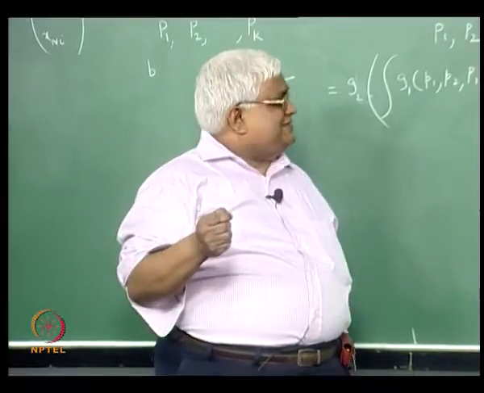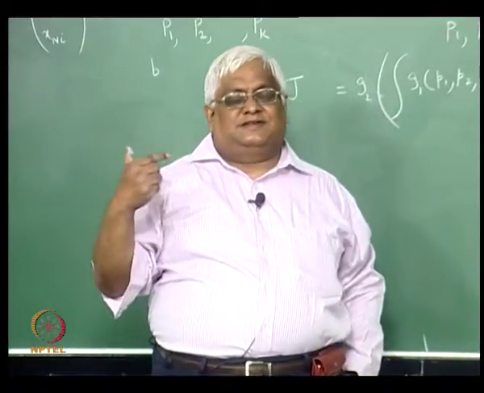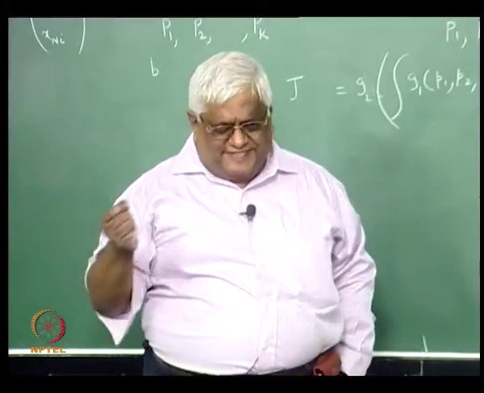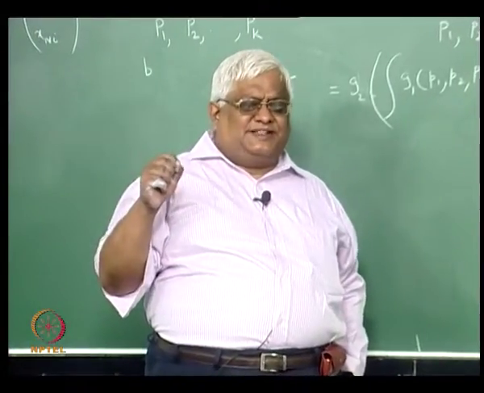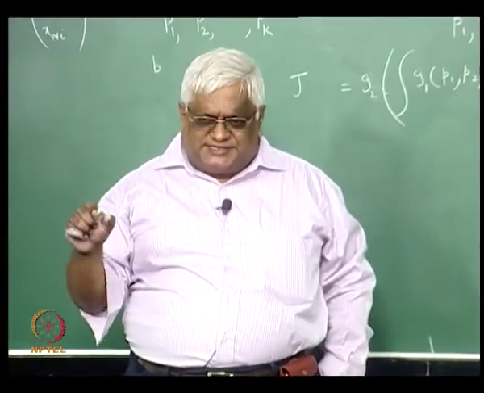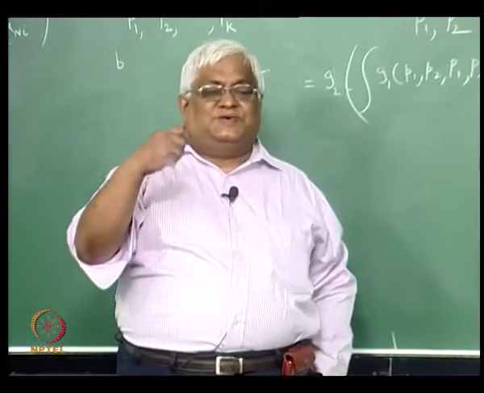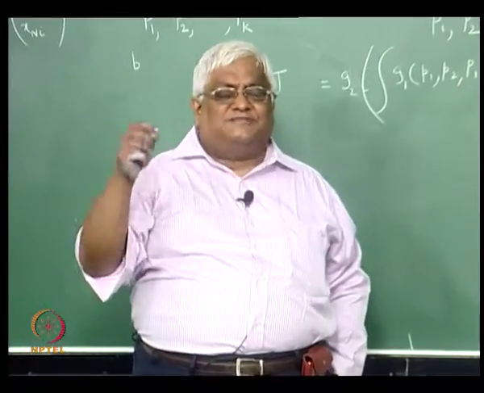Okay. So, using these principles, several criterion functions have been defined. Several criterion functions means several separability measures have been defined, and using those separability measures you can have the corresponding criterion functions for feature selection.